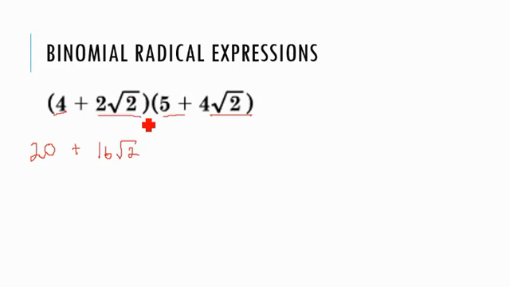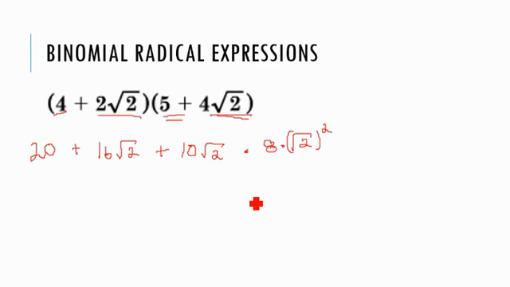Then we take the second term, multiply it by both terms in the second binomial. So 2 times the square root of 2 multiplied by 5 would give us 10 times the square root of 2. And 2 square root of 2 times 4 square root of 2 will give us 2 times 4, which is 8, times square root of 2 squared.